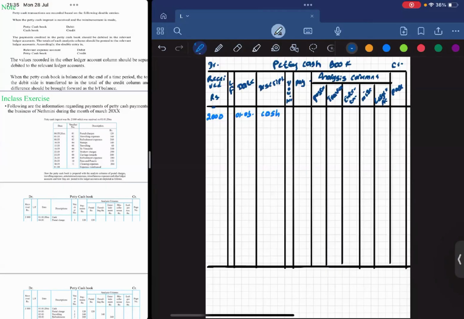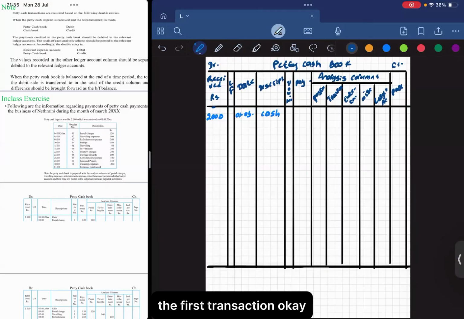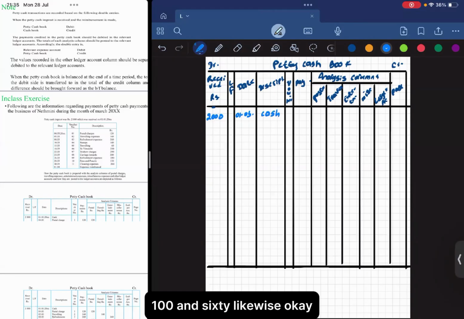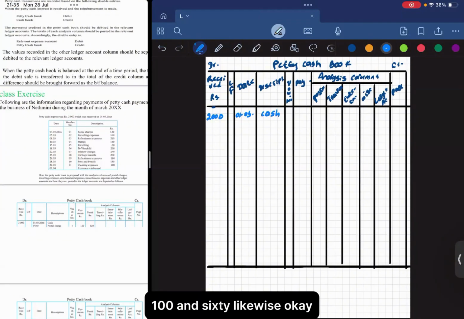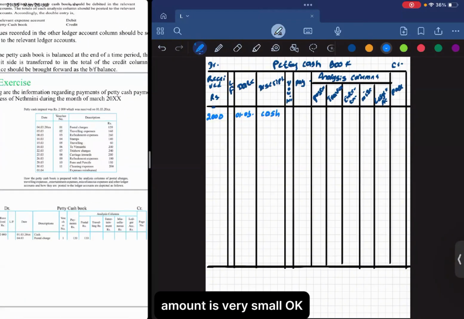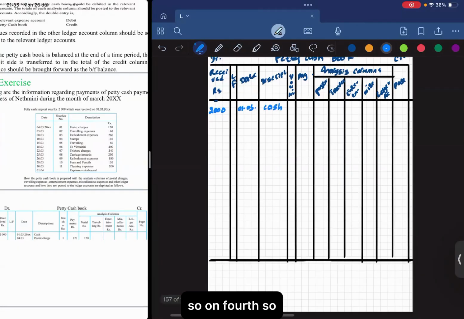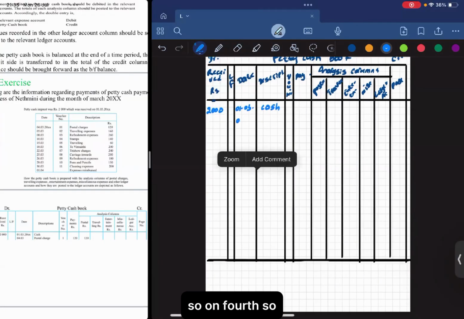Then the first transaction: on 4th March, postal charges is 120. Now here the amount is very small, 120, 160, likewise.